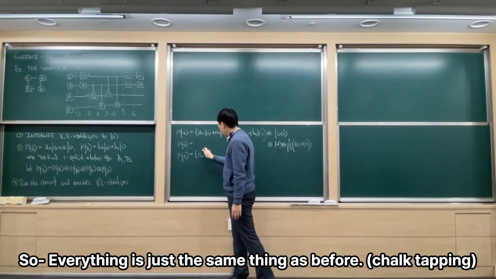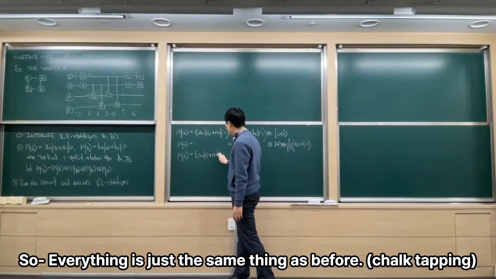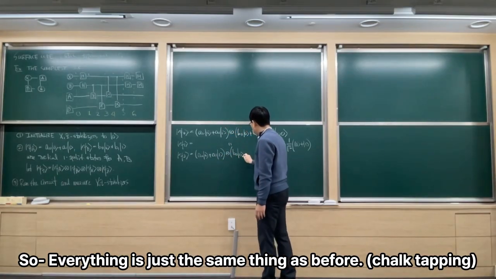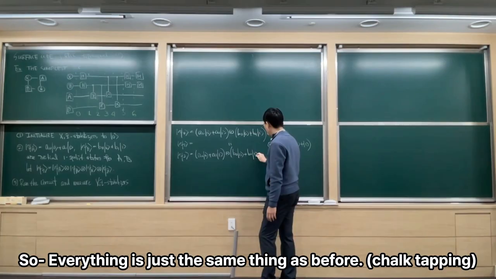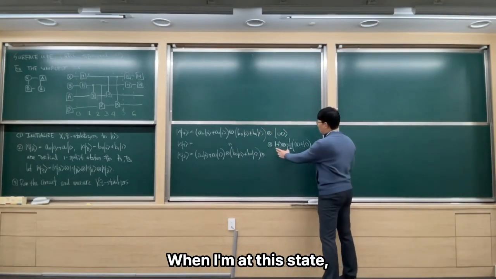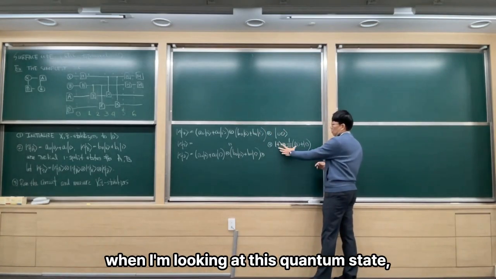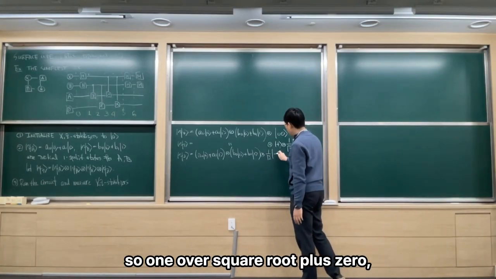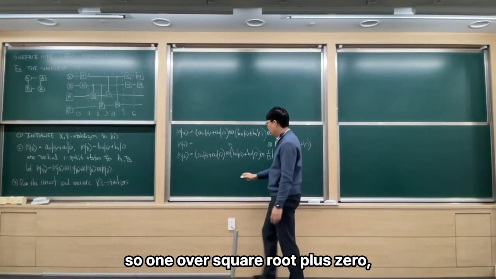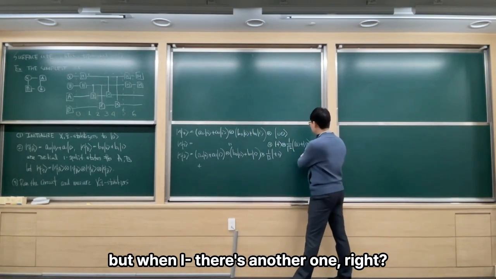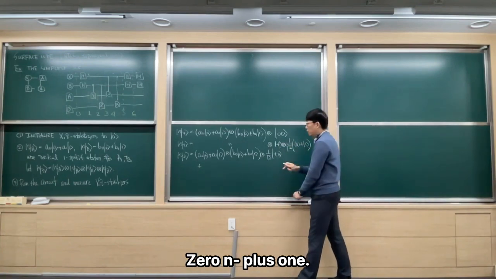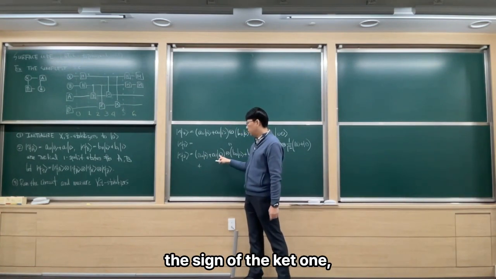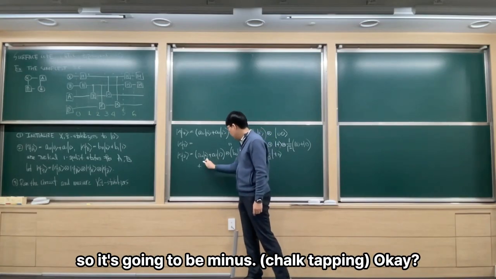So everything is just the same thing as before when I'm looking at this quantum state, 1 over square root 2 of plus 0. But when there's the other one, 0 and plus 1, then I apply the Z gate here. The Z gate only changes the sign of the ket 1, so it's going to be minus.